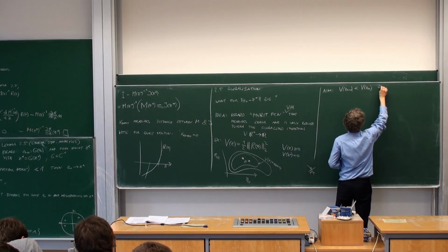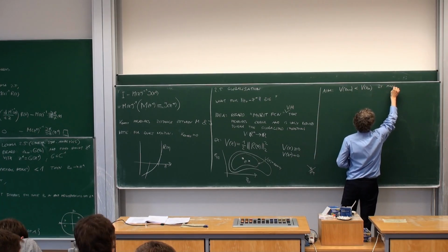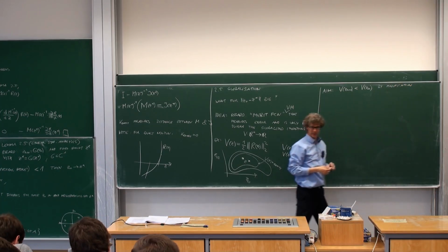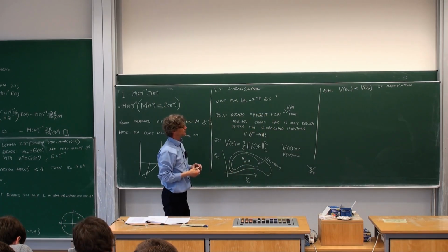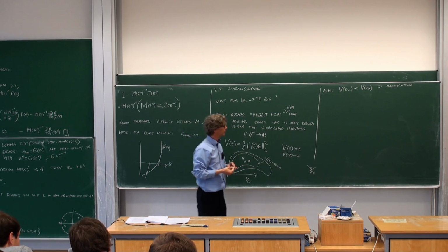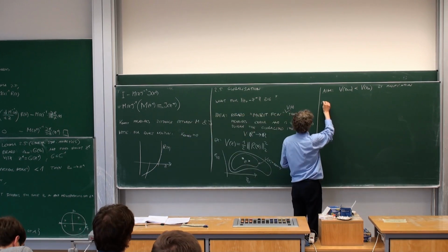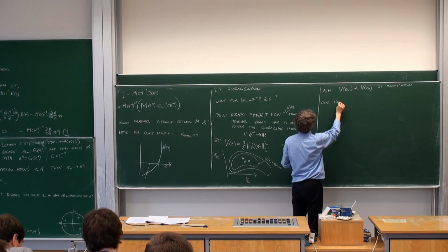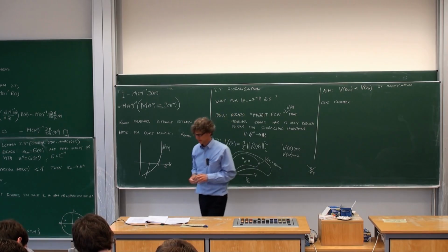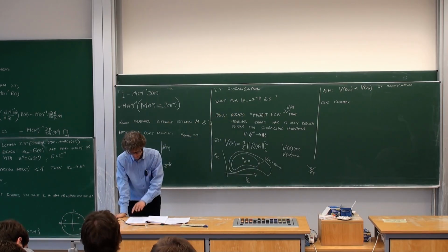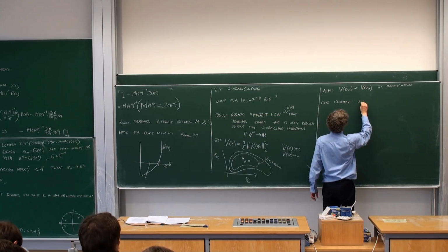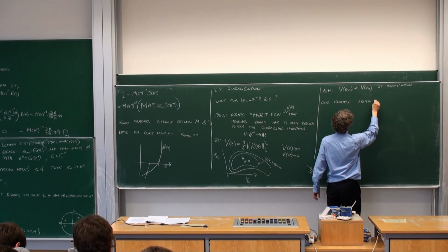By modification. So you make a modification of your Newton step. Possibly there are many different ways, and I will only explain one way, one example. And this one example is a so-called line search, a line search with Armijo backtracking.